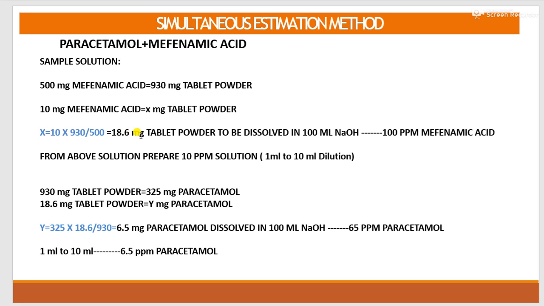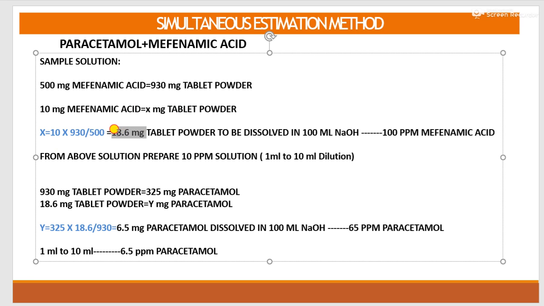So you have to take 18.6 milligram of tablet powder, which corresponds to 10 milligram of mefenamic acid, and transfer it into a 100 ml volumetric flask.